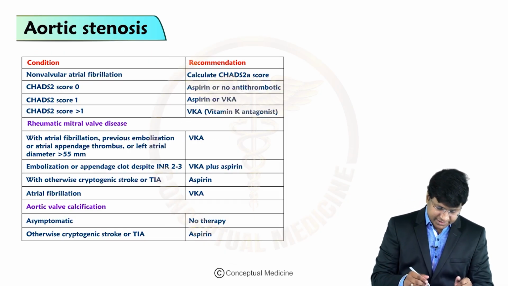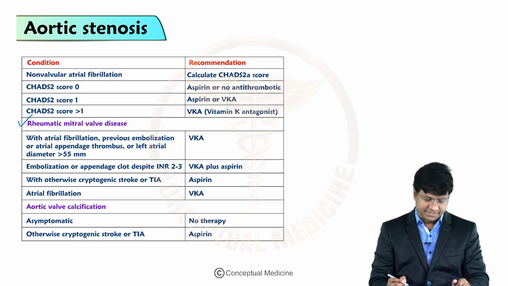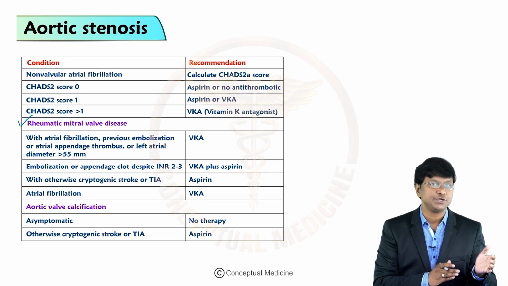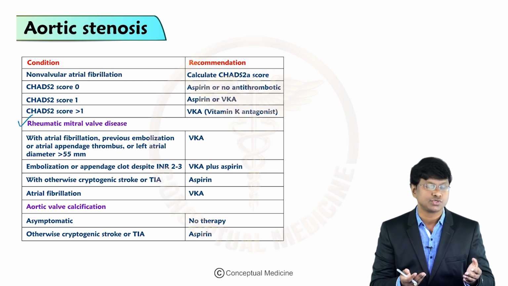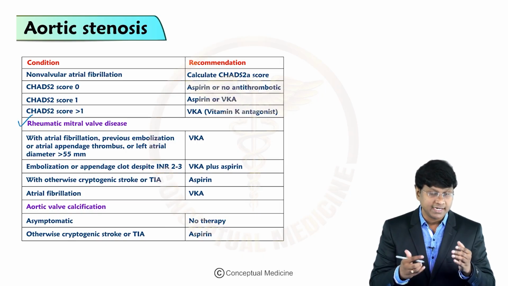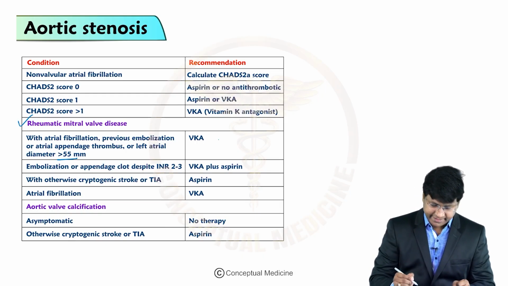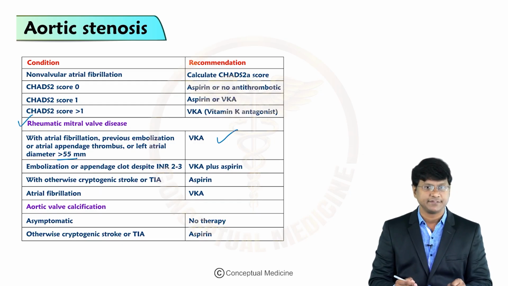So if you see in case of the rheumatic mitral valve disease with atrial fibrillation and past history of the thrombotic strokes, or if the left atrial diameter is more than 55 millimeter, they require vitamin K antagonist, that is warfarin.